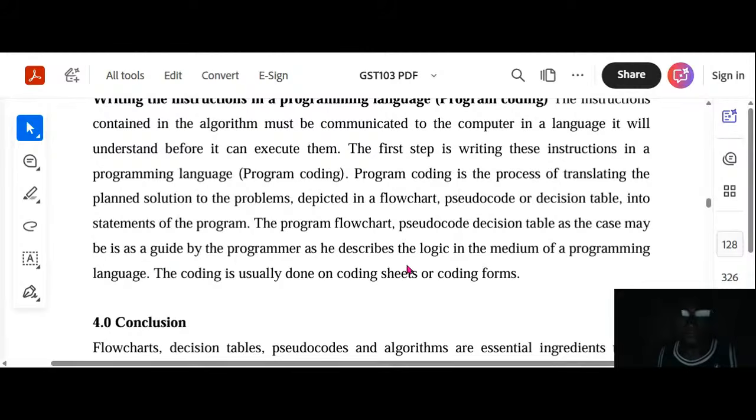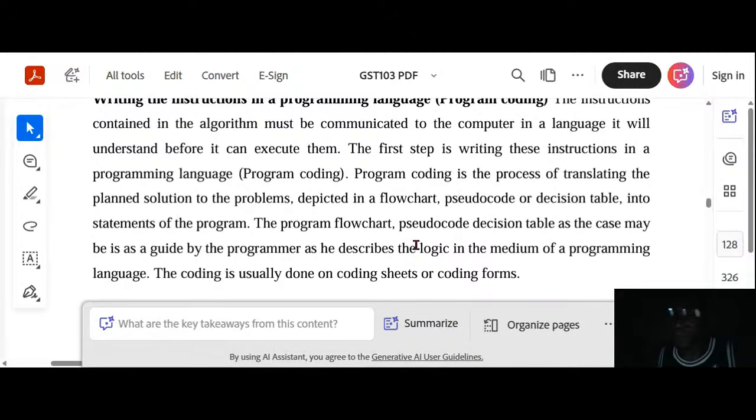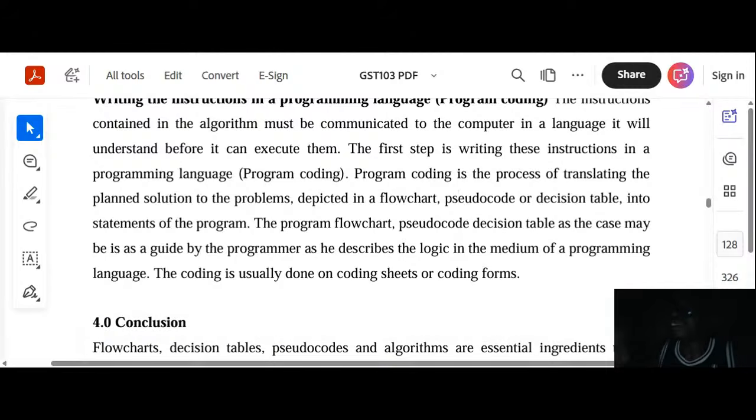So coding is now a way of putting them into action. Program coding is the process of translating all the designs you've done to get the problem solved, using either flowchart, pseudocode, or decision table, into statements of the program, which is what programmers do mostly. That's why we call them programmers.